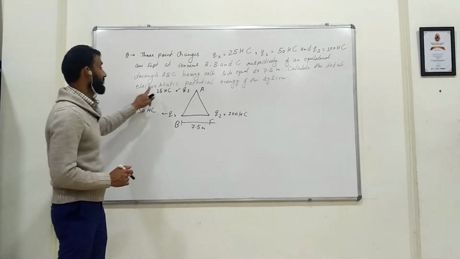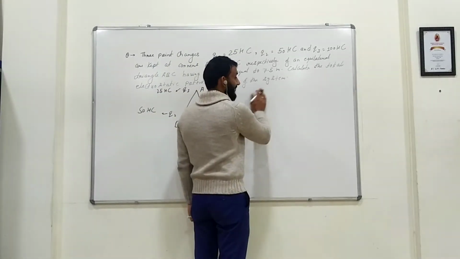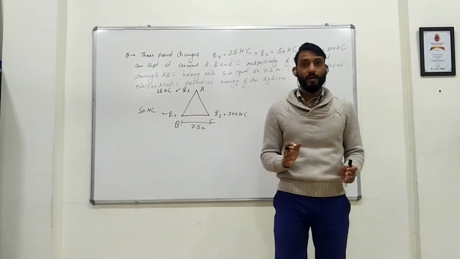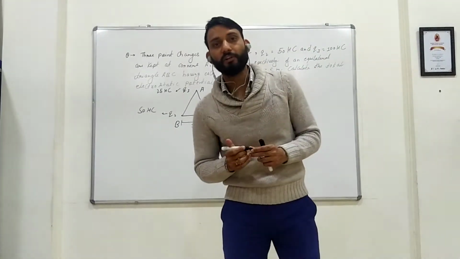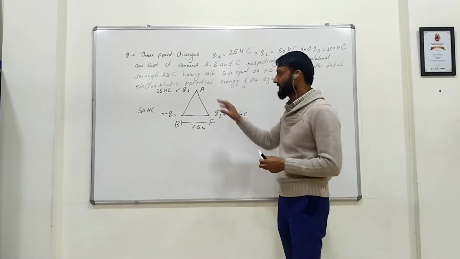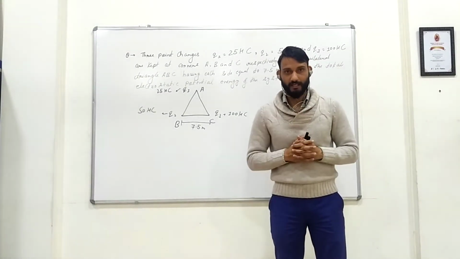Now calculate the electrostatic potential energy of the system. So we have to calculate the electrostatic potential energy of the system, which is U. As I told you earlier, whenever you want to calculate this electrostatic potential energy, we will calculate work.